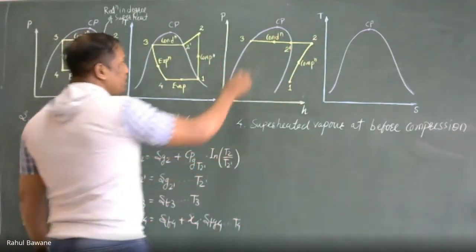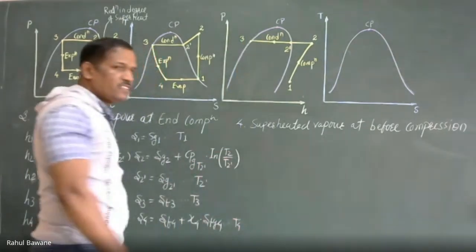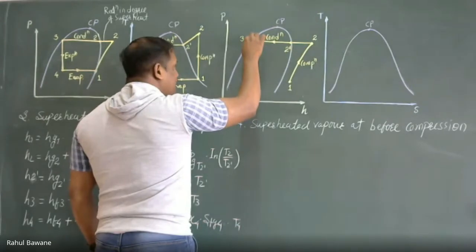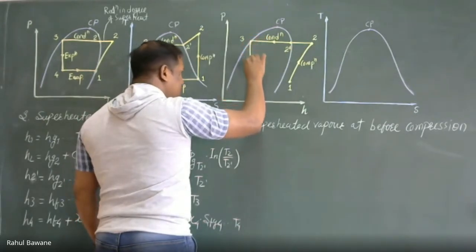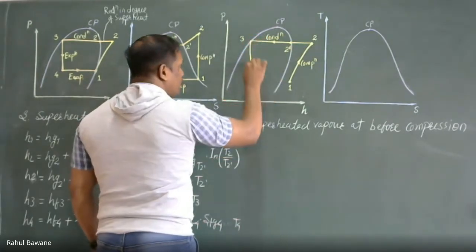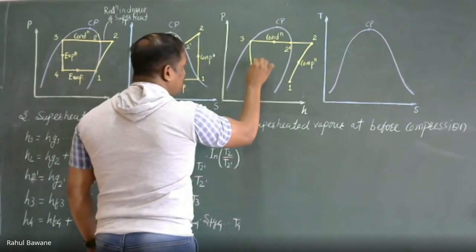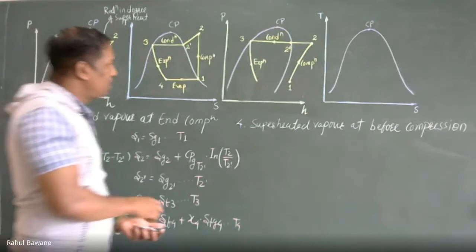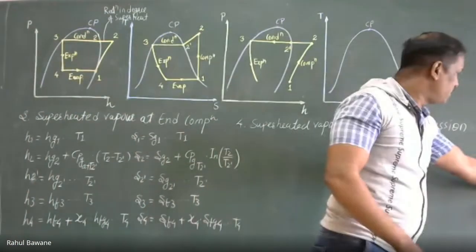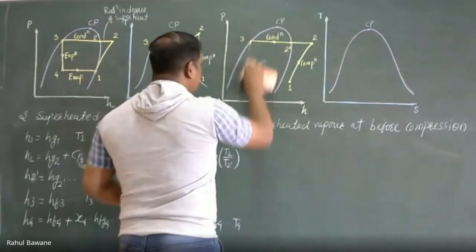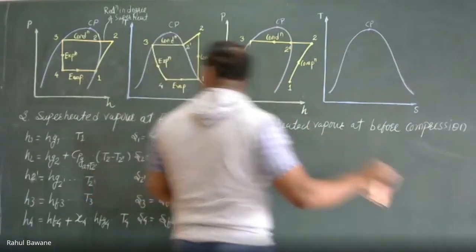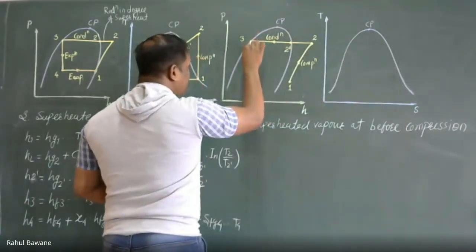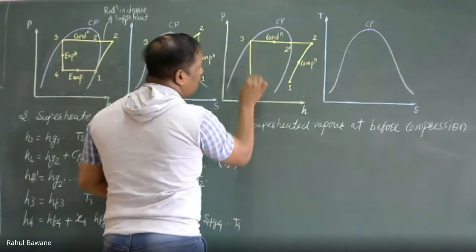Then after the condenser, we supply this refrigerant to the expansion device where the throttling process takes place. So this is the expansion process where in the expansion device the enthalpy remains constant. So in the throttling process, enthalpy remains constant, so we observe a vertical line.